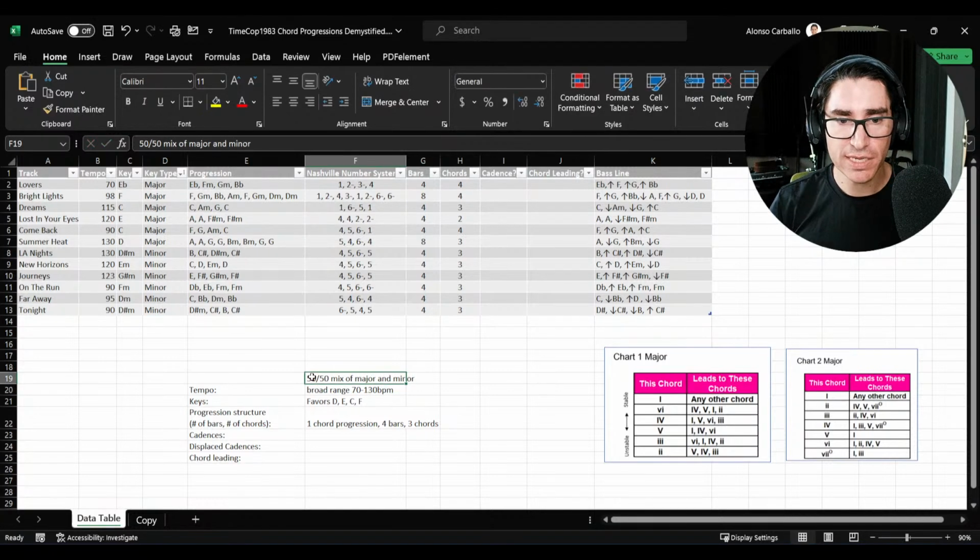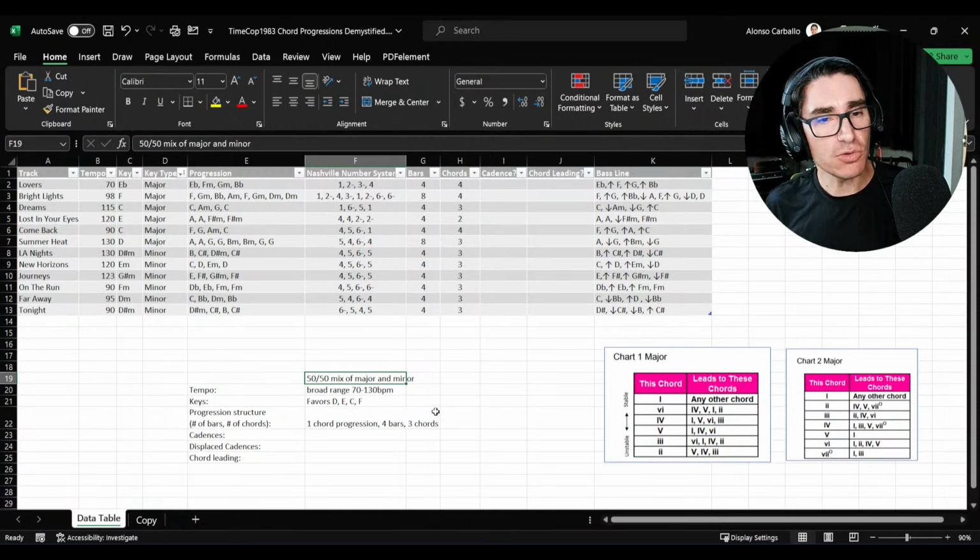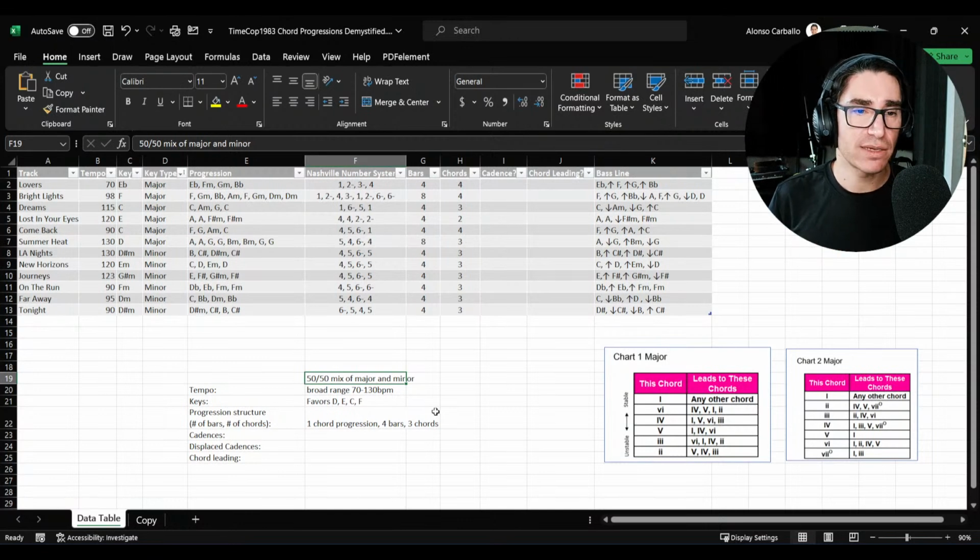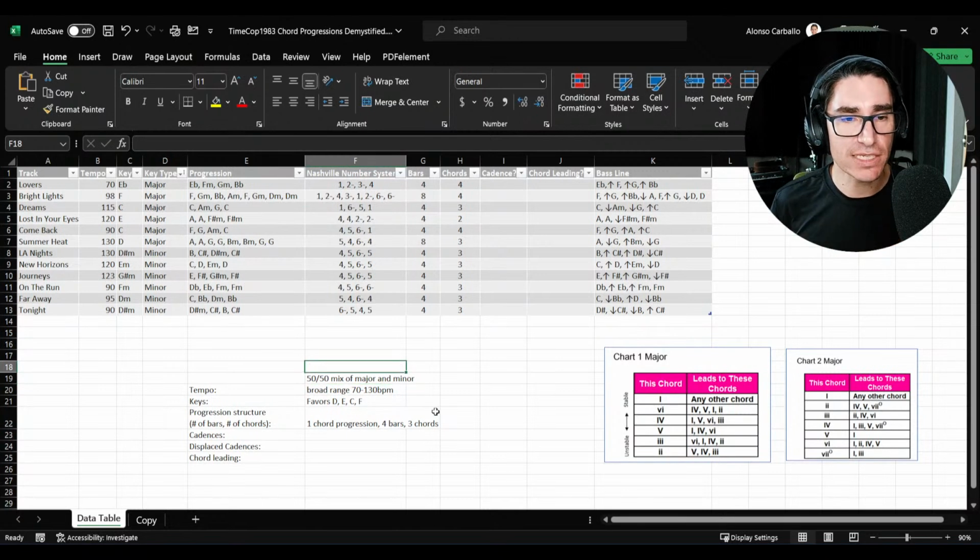So when he's creating his music, it does seem that he's making a choice of saying, okay, this track is going to be a major track, and the next one I do most likely is going to be a minor track, and so on and so forth, right? So he keeps a balance between tracks in major keys and minor keys. So he's not really favoring one over the other. So he's trying to keep things balanced to a certain extent.